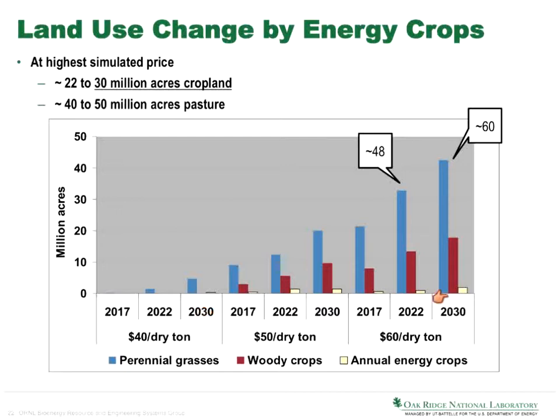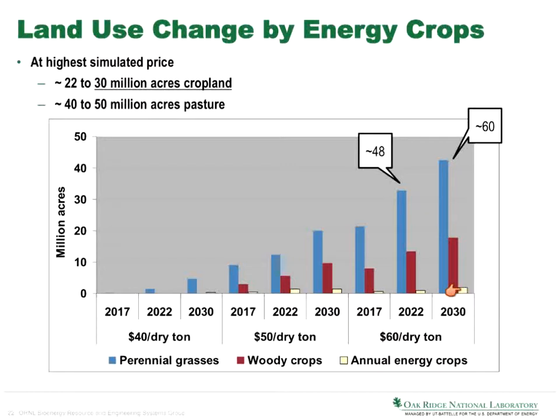So if we look to 2030, if we combine the land allocation under the simulation, if we look at the land that's allocated in our results to perennial grasses, something like 43 million acres, plus land that might be allocated to woody crops, I just kind of eyeballed it, at something like 18 million acres, plus something for the annual energy crops.